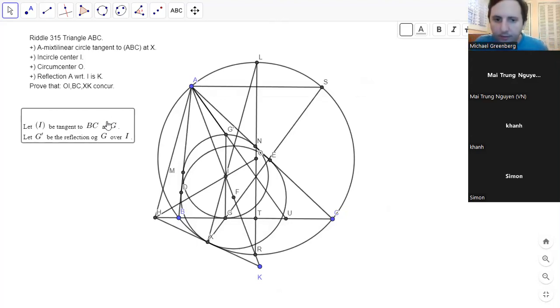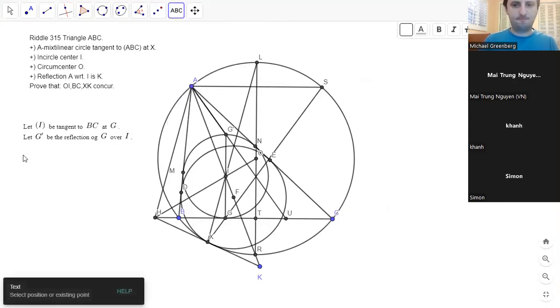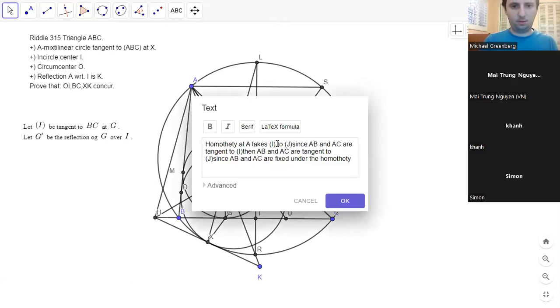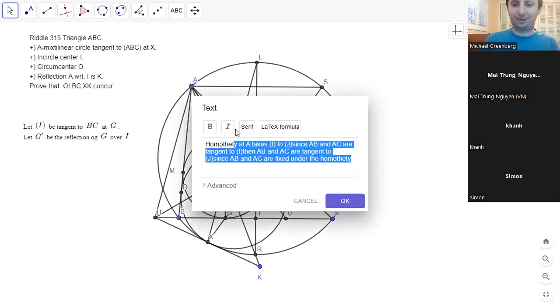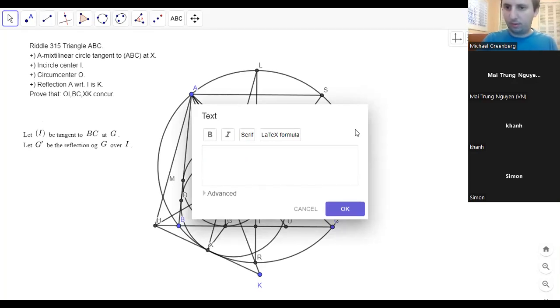So IGX is 180 minus IXG minus XIG. Okay, so I'm going to copy what you wrote. Oh, whoops, sorry, it didn't copy right. Certain things don't copy.